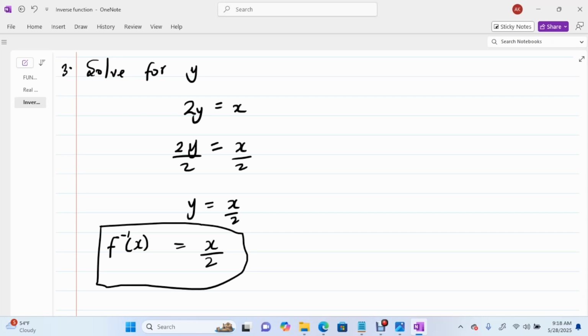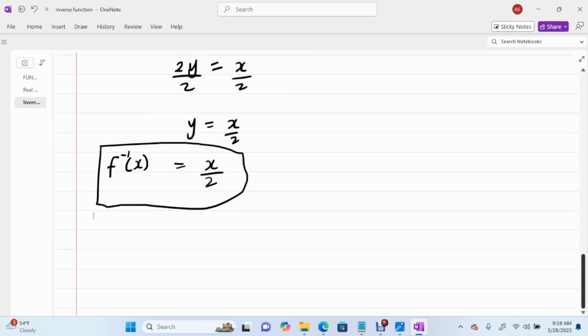We found the inverse of a function. And after everything, if you want to verify, you can verify that. So let's take just one example. After that example, I will end the lesson.